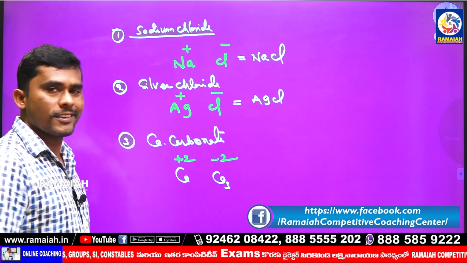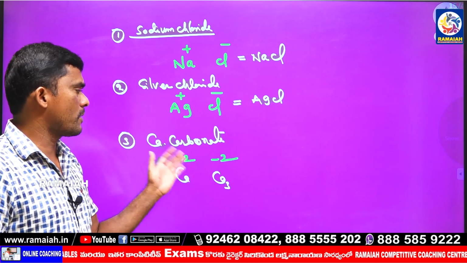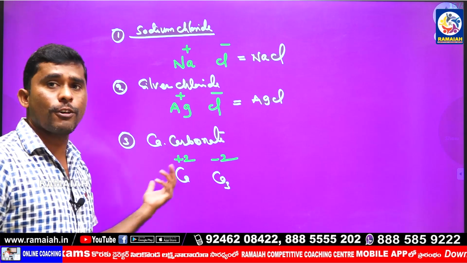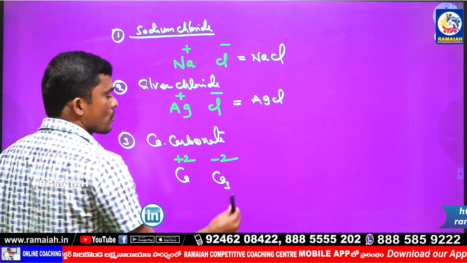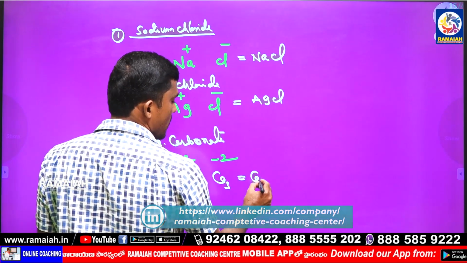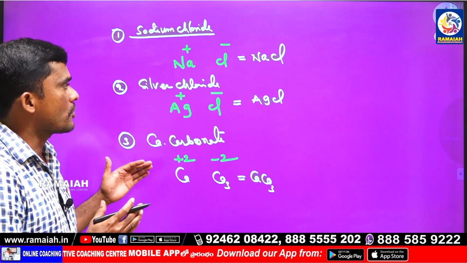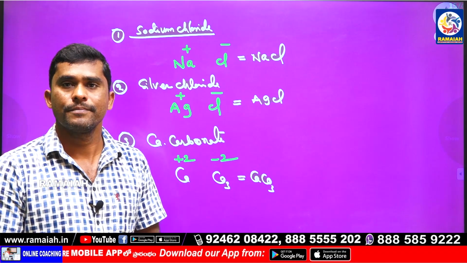Here also the charges are equal: +2 and -2 is equal to 0. So that is the formula of the compound: CaCO3, the formula for calcium carbonate.